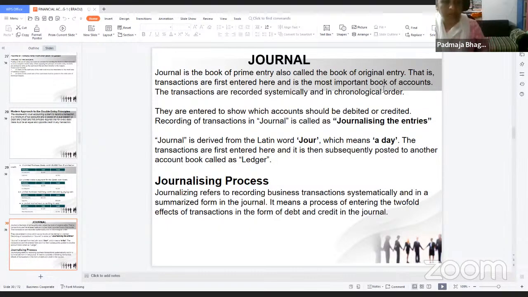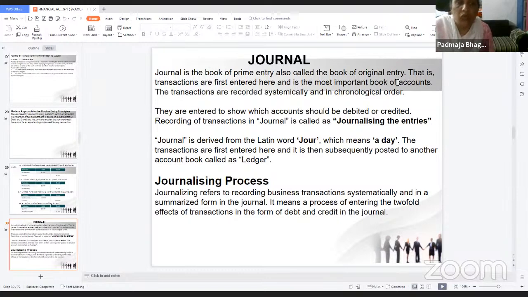If at the time of income tax you are not able to pay the amount, or if any entry is missing, at that time you will go to the journal. That is the day-to-day transaction. The transactions are first entered here, and it is the most important book of account.